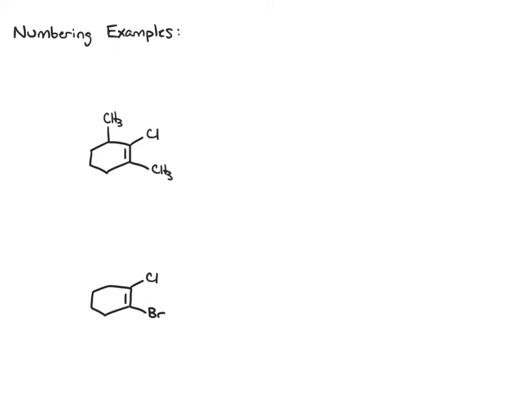So don't worry about the identity of these groups, because we can make a decision based solely on numbering. So I can make this carbon 1 and this carbon 2, and then that puts my other substituent, the methyl, at 3. That's going to be the preferred numbering there. So you should practice and see if you can write the IUPAC name for this compound.